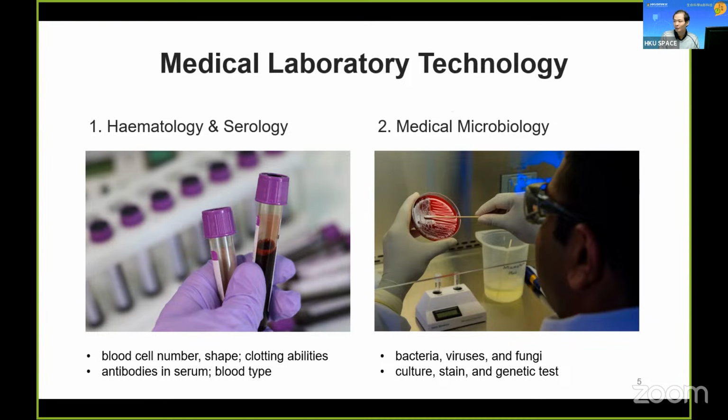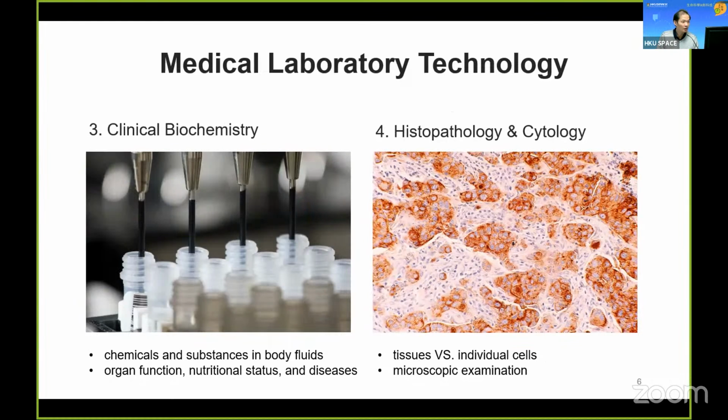The other area is microbiology. Those are the areas doing analysis focusing on microorganisms, including bacteria, viruses, and fungi. I think most people are more familiar with this section because we did a lot of COVID-related tests in the previous 3 years. Those are the tests done in microbiology. There's also a unit called clinical biochemistry, or in some places chemical pathology.